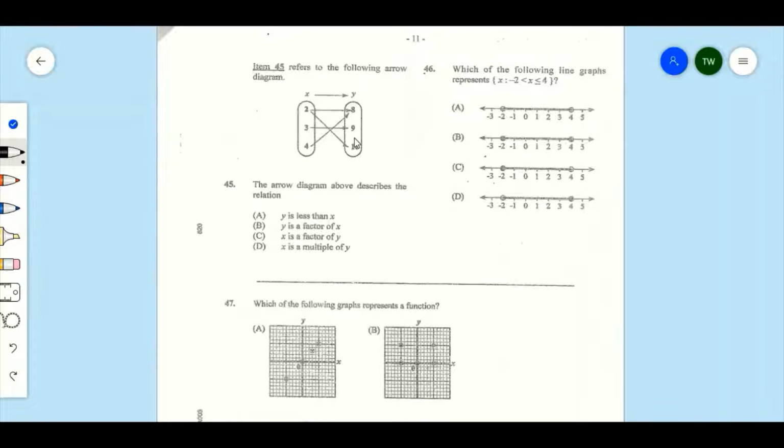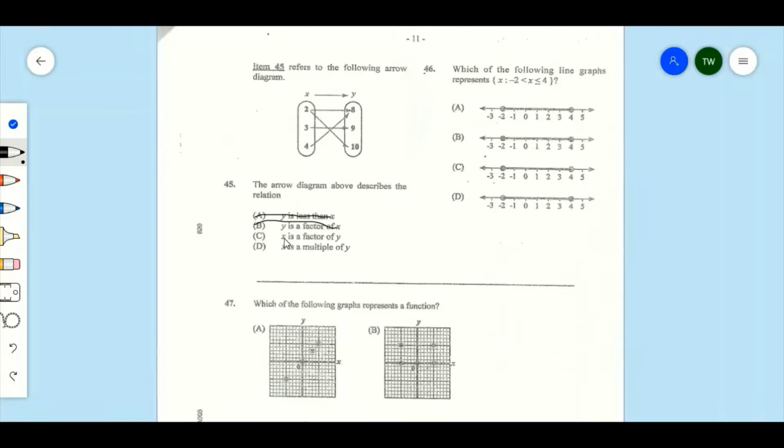The y values are greater than the x values, so A is not the answer. B, y is a factor of x. The y values are greater, so it cannot be a factor of x. So B cannot be the answer.